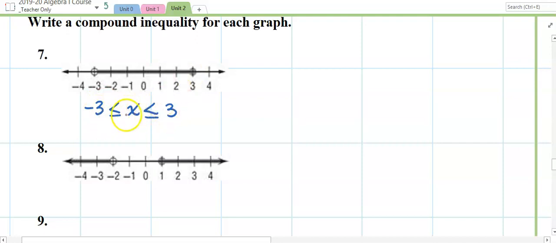Now notice I have a mistake. There is a closed dot on +3, but we have an open dot on -3. So I actually want that one to be strictly less than.